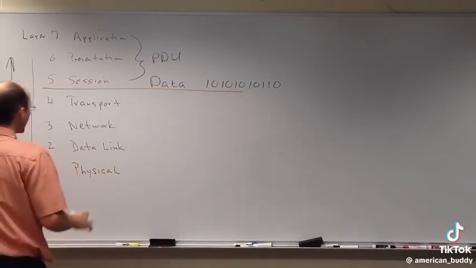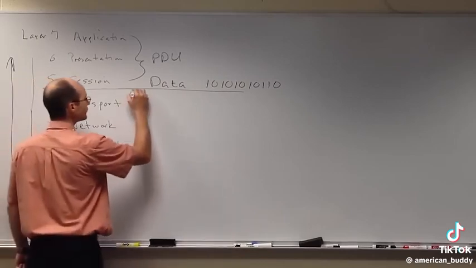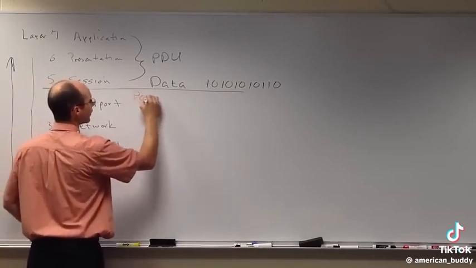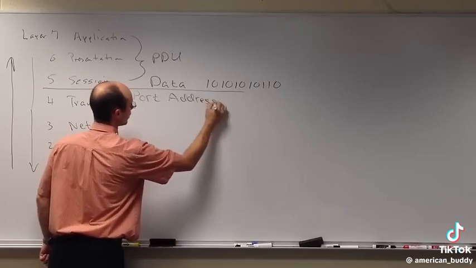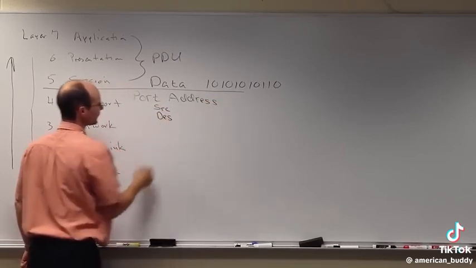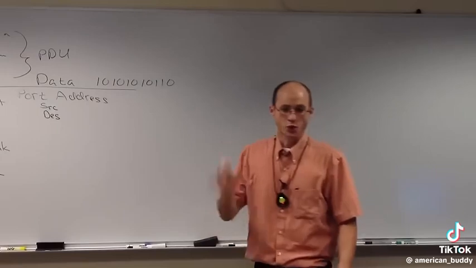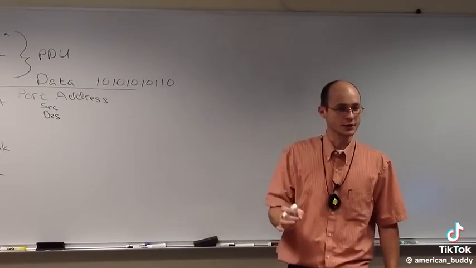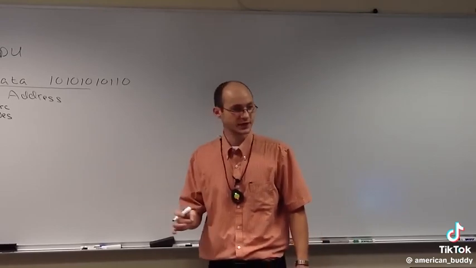So, the way we identify them is through port addresses. There's going to be a source, and there's going to be a destination. We stamp each and every one of the PDUs for the transport layer with the source and destination.